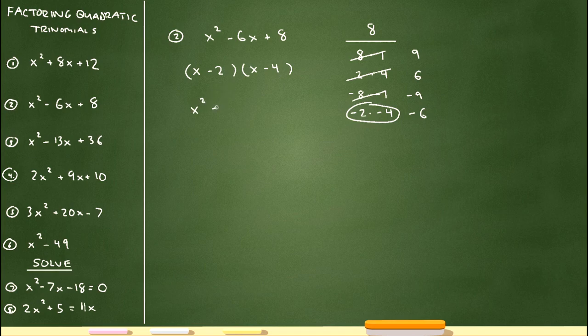Negative 2 times x would be negative 2x. x times negative 4 would be negative 4x. And negative 2 times negative 4 would be a positive 8. And these two middle terms are going to combine. So we get x squared, negative 2 and negative 4 gives negative 6x, and then plus 8. So that is indeed our answer here, x minus 2 times x minus 4. That's how we factor number 2 here.